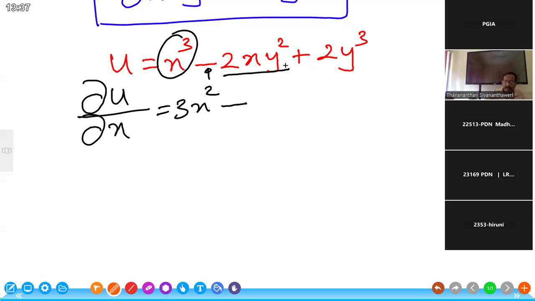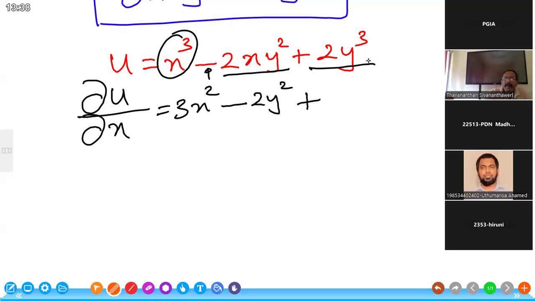2y² into the derivative of x. If you differentiate x, what is the answer? 1. So we don't need to write 1. Plus, differentiate that with respect to x. What is that? So what did I say? When you differentiate with respect to x, y will be considered as a constant.